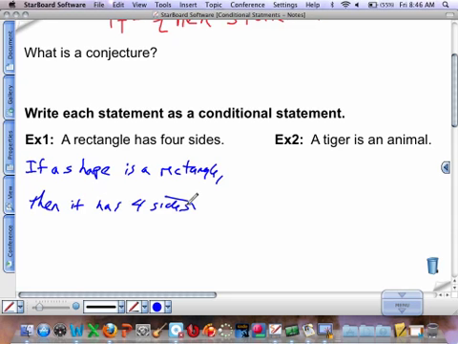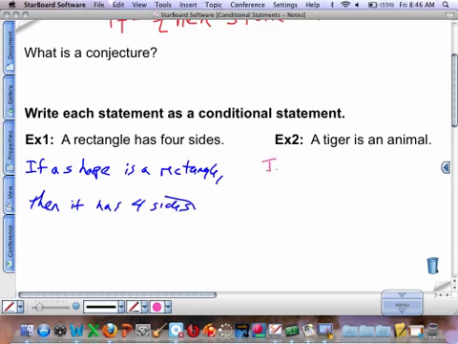Then look at example 2. A tiger is an animal. Just in case you guys didn't know that, I'll learn something here. So a tiger is an animal. So Alexis, how would you write that as an if-then statement?